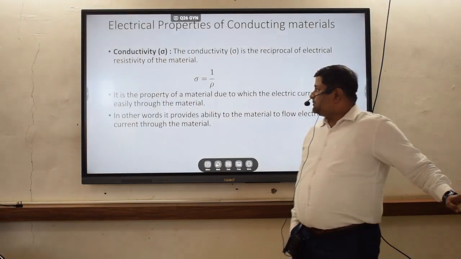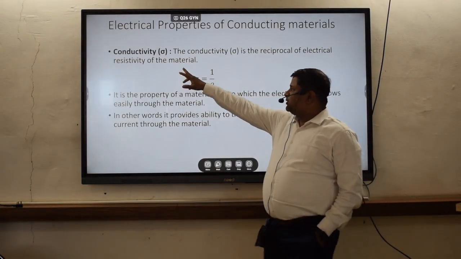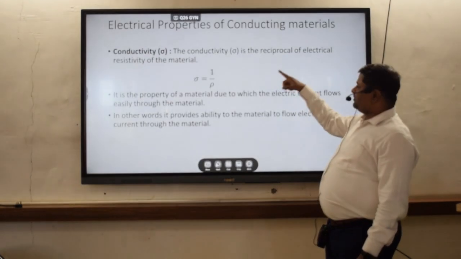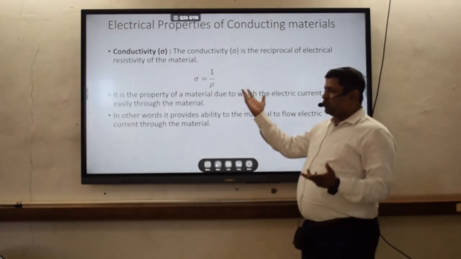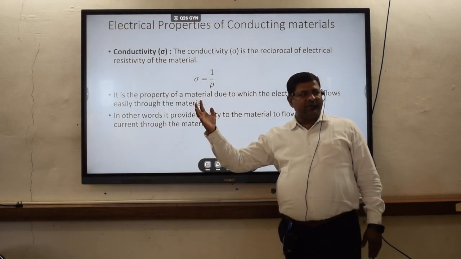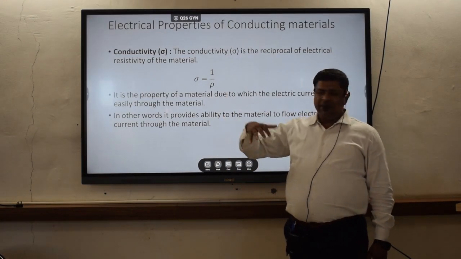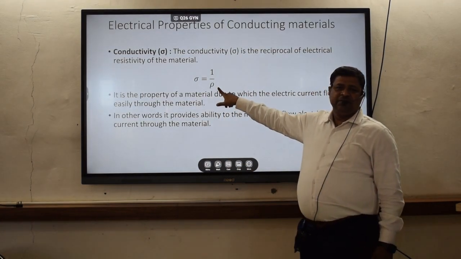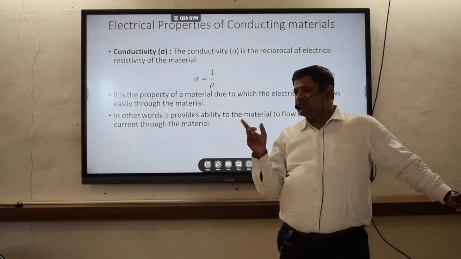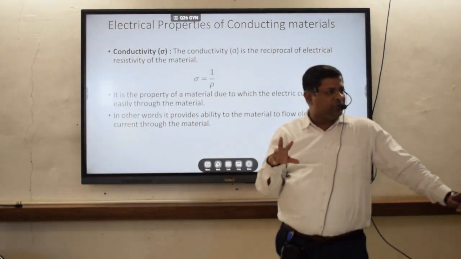Then the next parameter is conductivity. This symbol, sigma, is called conductivity. It is the reciprocal of the electrical resistivity of the material. Quite obvious. The material which is conductive for electrical current will have less resistivity. That means conductivity and resistivity are opposite to each other, or inversely proportional to each other.